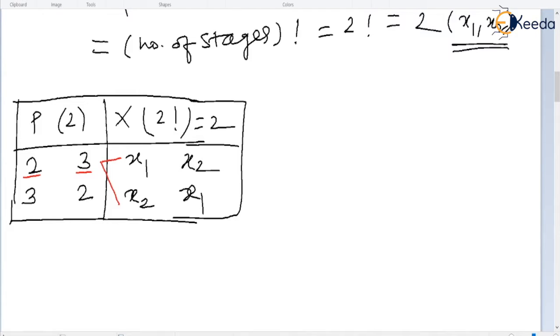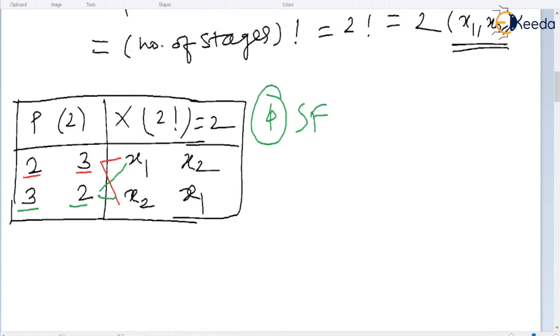Then we take 3 and 2, and get X1 X2 and X2 X1 combinations. So in total we get 4 SF, short for structural formula. So 4 structural formulas that we are going to get.